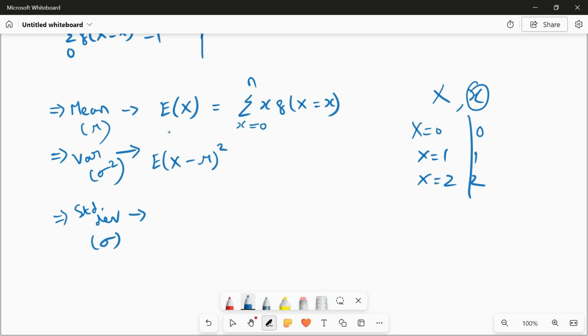Can you understand this? Variance is nothing but the deviation from the mean. Standard deviation and variance mean the same, but variance is just because you're doing square, so it will be easy for the calculation. But the intuition behind variance and standard deviation is the same.